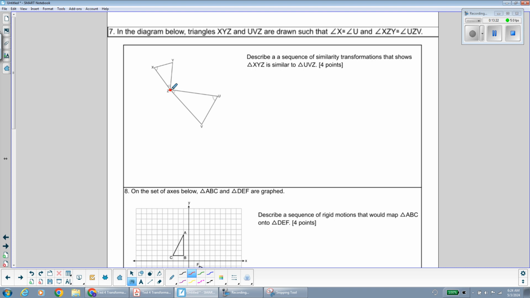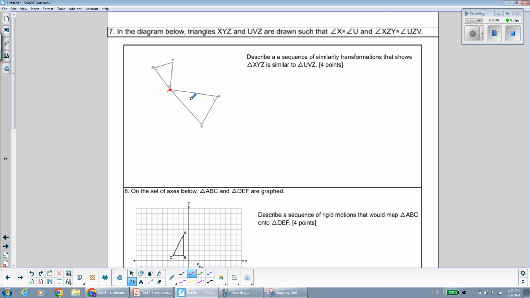So point Z would be a good center of rotation because then the rest of it would rotate around this point, but this point would stay where it is. And the direction is a clockwise rotation. Well, you could also say counterclockwise because you could also go this way. I'm going to say clockwise because that's the shortest distance.